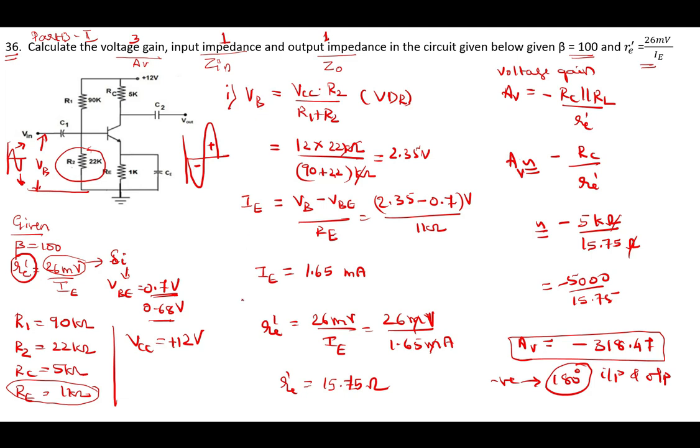So let us now see the input impedance and output impedance. For input impedance, the formula is 1 by Zin is equal to 1 by R1 plus 1 by R2 plus 1 by beta RE dash.